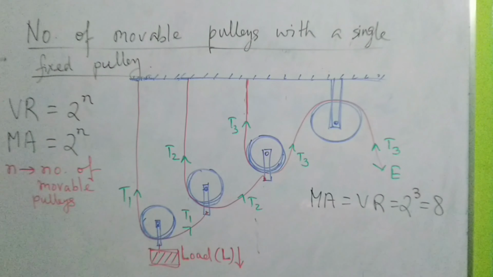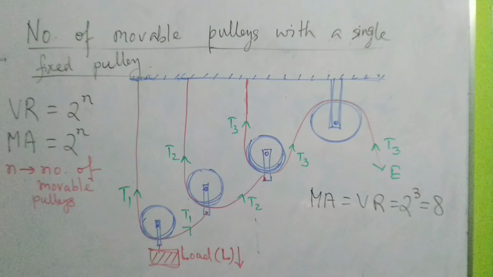So you have to apply an effort which is 1 by 8 times the total load. It becomes much easier to pull up a load using this kind of arrangement. So I think the concept is clear.